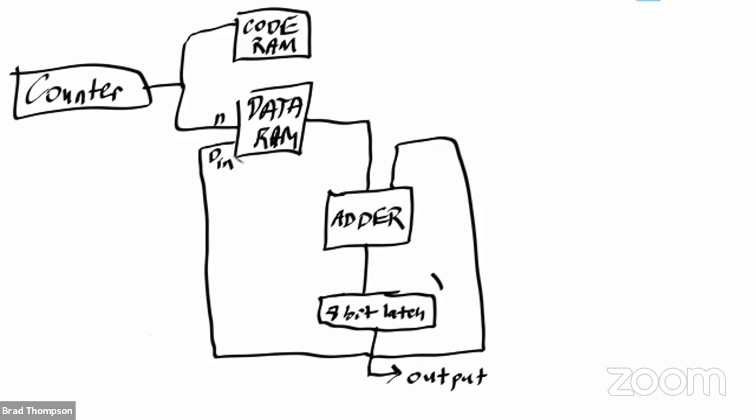And I should probably label these 2. Close enough. So we can now feed what's coming out of our math into the data in piece of our RAM. And then over here, we need something to control whether to actually save what's coming in here to our RAM or not.